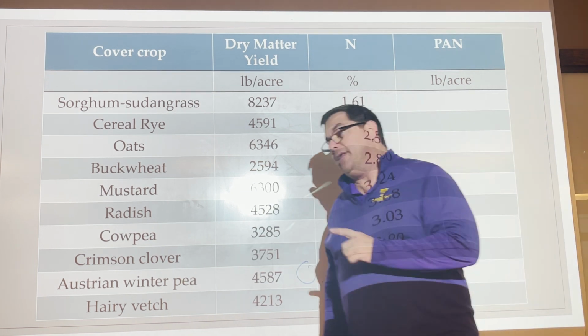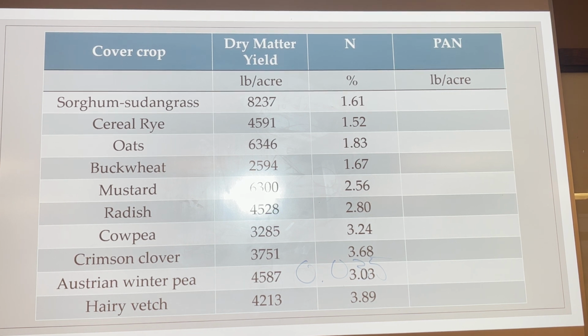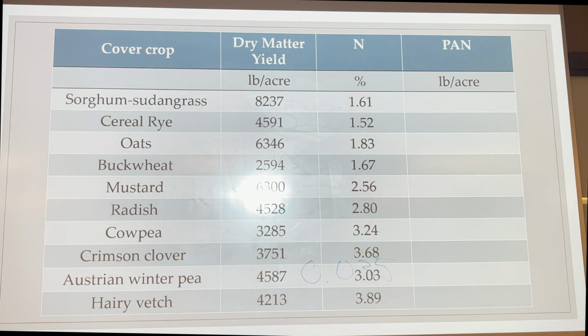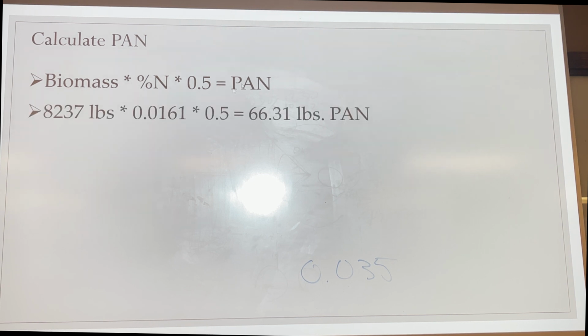Y'all finish this up. That is the exact same. All right, y'all finish these up. All right, so we took the biomass times the percent nitrogen times 0.5 gives us the total plant available nitrogen.